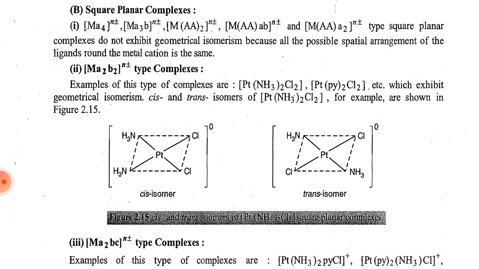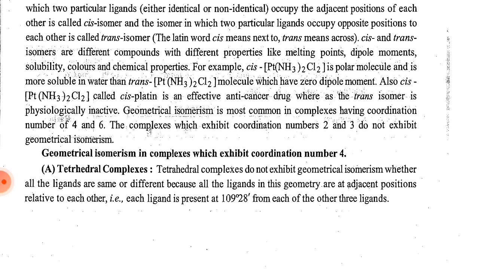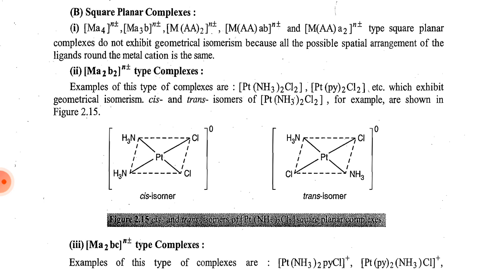Cis and trans isomers of Pt(NH3)2Cl2 are square planar complexes. Cisplatin and transplatin show geometrical isomerism and their geometry is square planar.